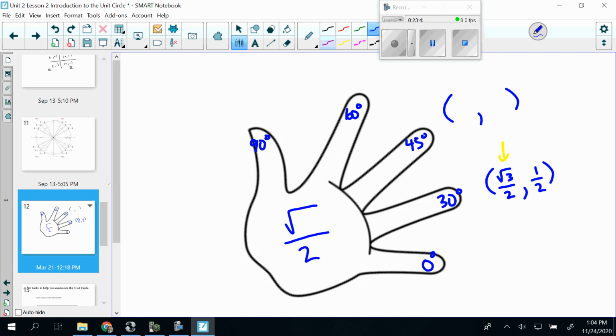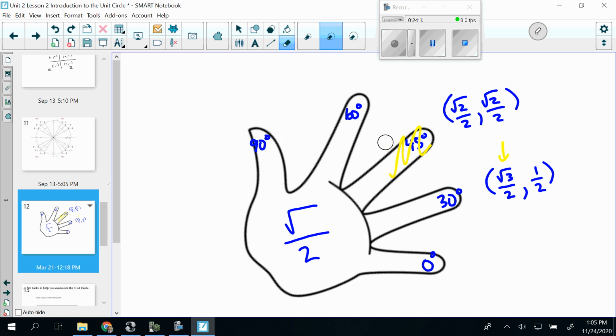Okay, so I'm going to put that finger down, and I can't do that on the board here, but I'll scribble it out to pretend it's down. How many fingers to the left? There's 2, so that's going to be square root 2 over 2. How many fingers to the right? Also 2, and so this is also going to be square root 2 over 2. So it's a nice little way to figure out what the ordered pair is for all these.